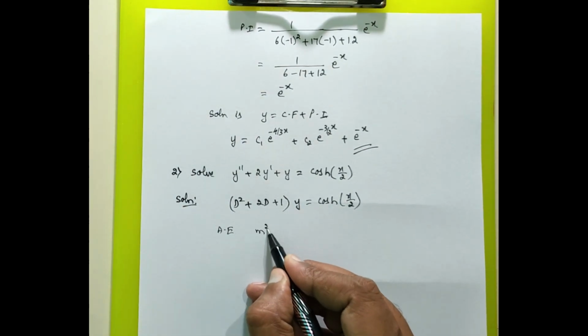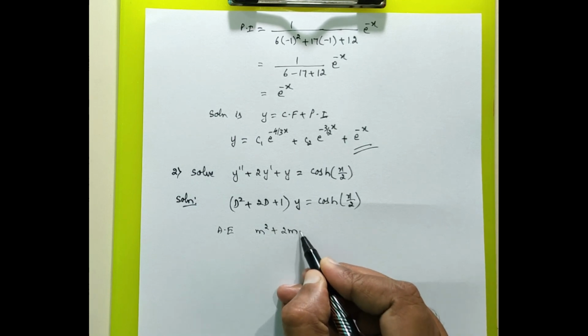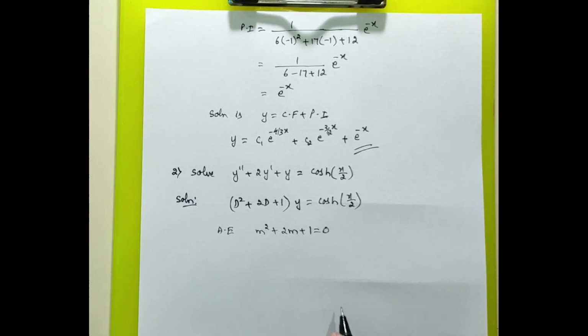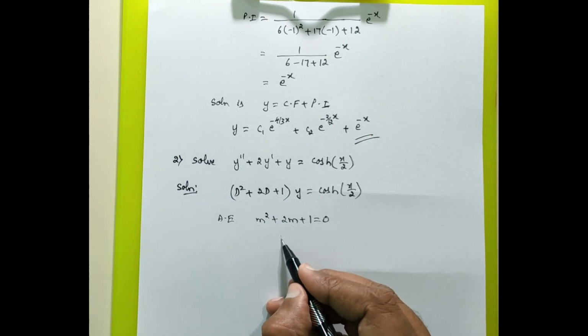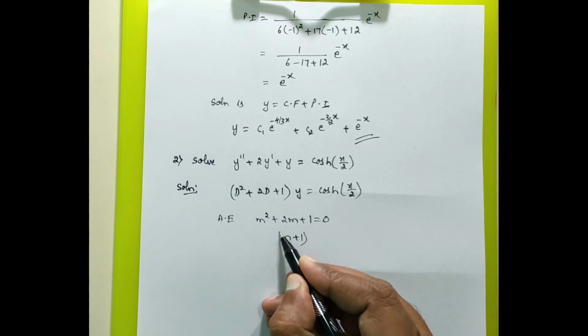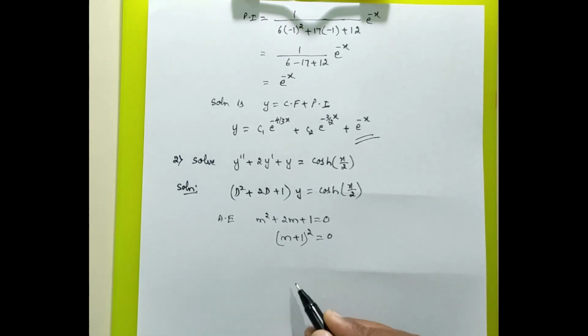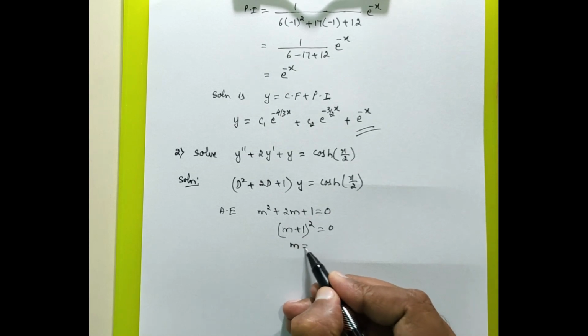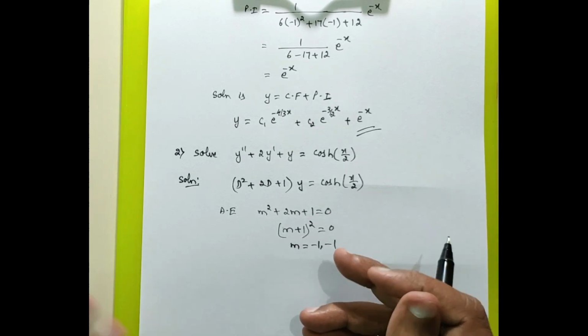It becomes m² + 2m + 1 = 0. This equation is nothing but (m + 1)² form. Therefore the value of m will be -1, -1.